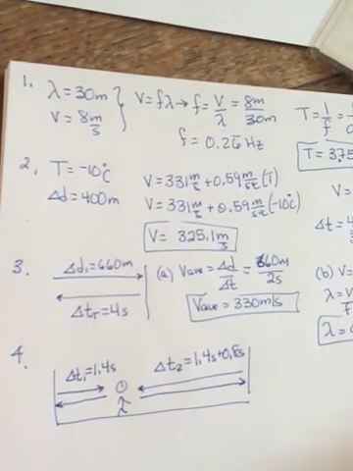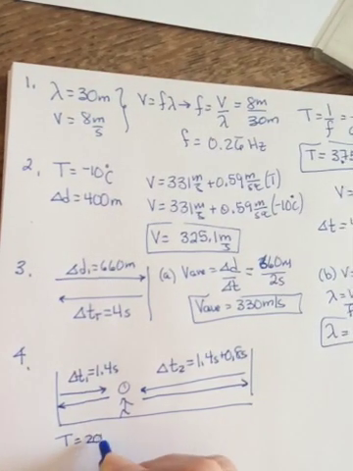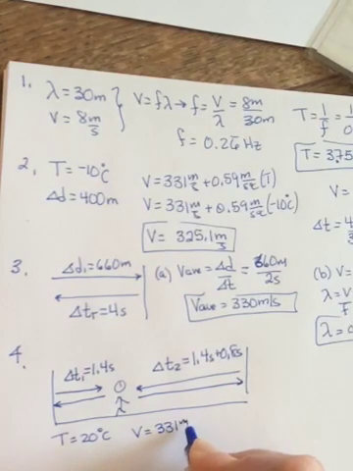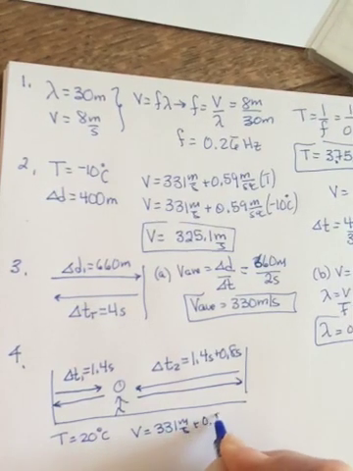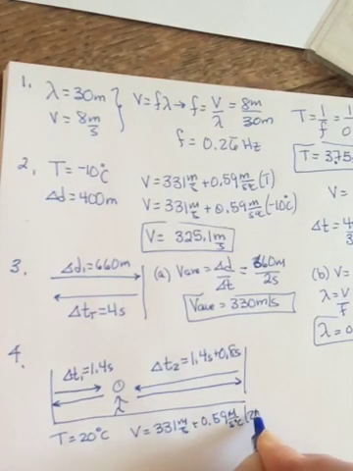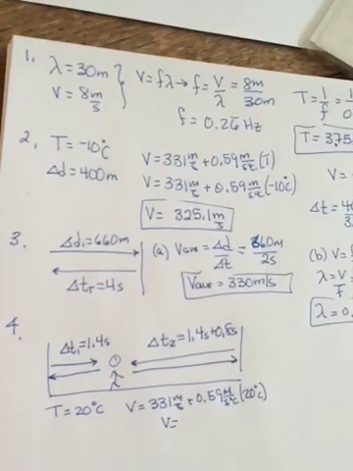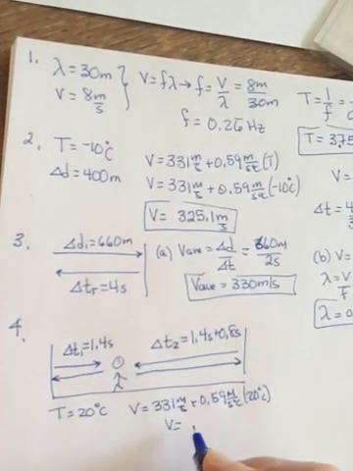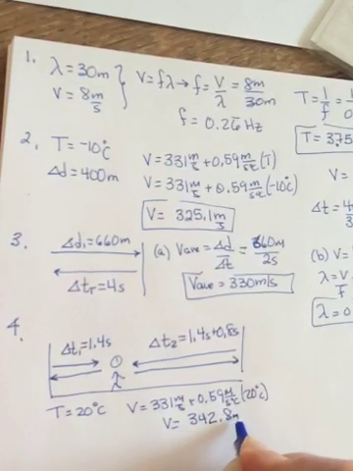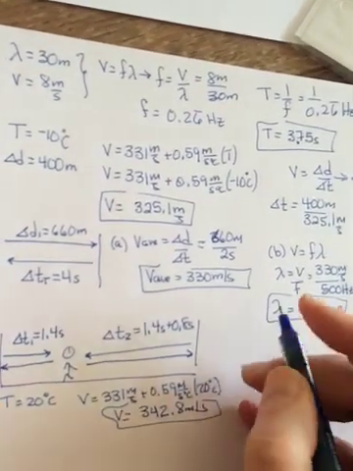How long is the hall? Doesn't tell us the temperature, so we have to assume it's 20 degrees Celsius. Do the speed, 331 meters per second plus 0.59 meters per second degrees Celsius times 20 degrees Celsius, and you will get a speed to be 342.8 meters per second.